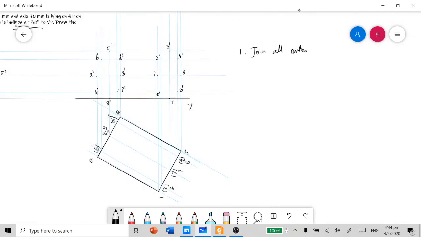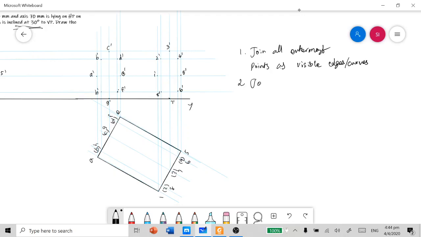all outermost points as visible edges. It's actually a solid of revolution cylinder, so we can call them curves.